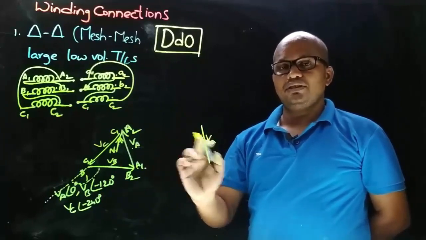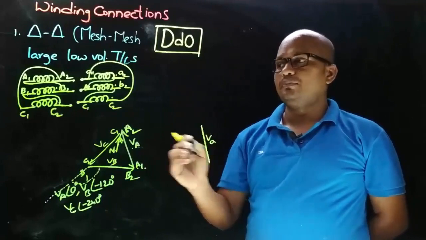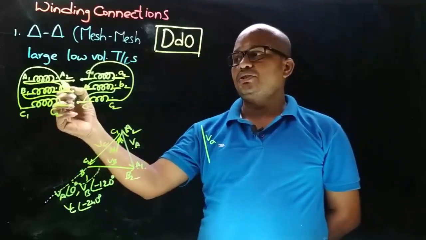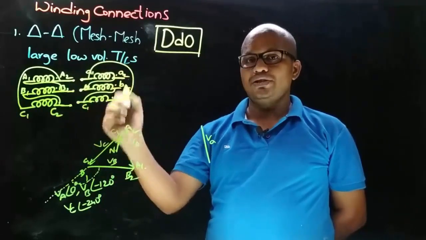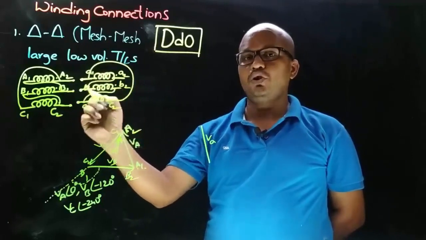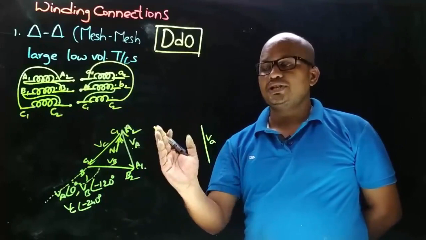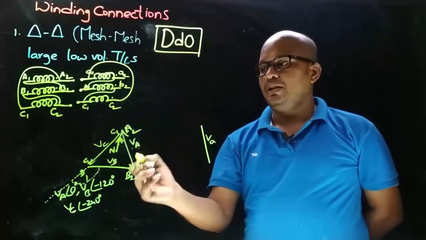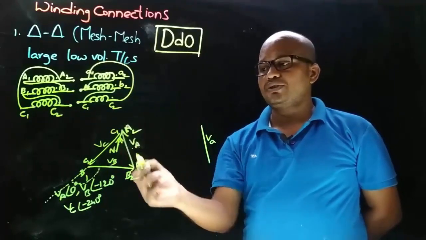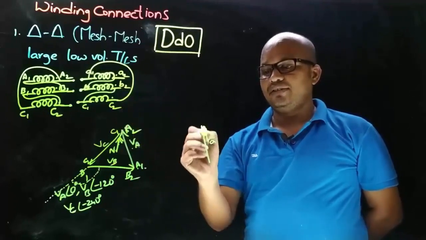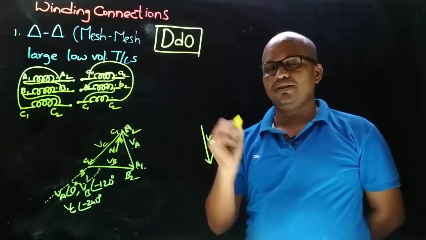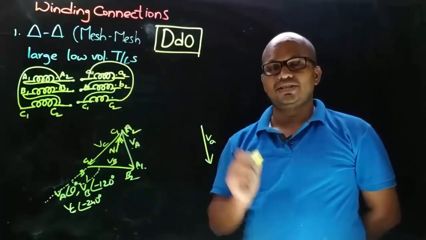So the direction of the phasor depends on the connections we took from. On this side connections are taken from dot ends, and now on the secondary side connections are taken from non-dot ends, which means the secondary phasor will be in opposite direction to the primary phasor. So as the primary phasor points like this, the secondary side phasor will be pointing in this direction.